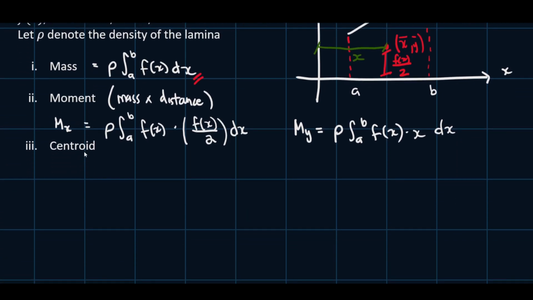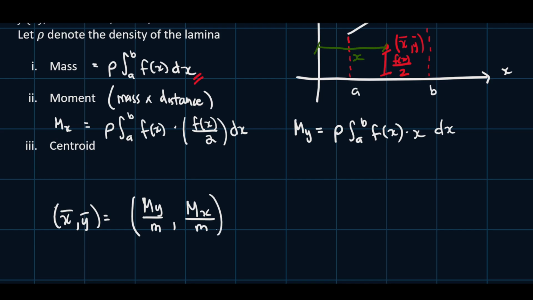Our centroid, this is the center of mass, is x bar, y bar, which is again the moment about the y-axis all over the mass, and the moment about the x-axis over the mass.